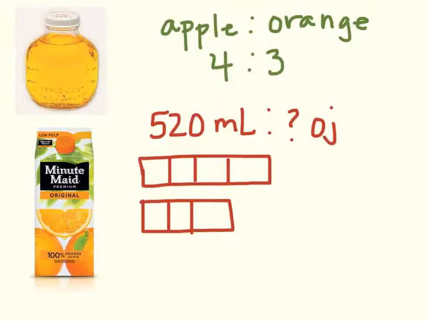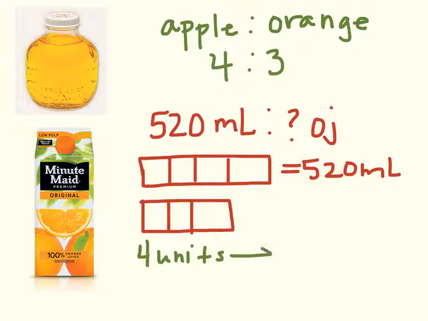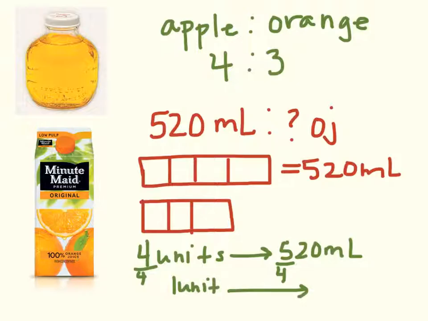We know that the apple juice units are equal to 520 milliliters. So we can calculate the value of each unit by taking our 4 units, setting them equal to 520 milliliters, divide each side by 4, so that 1 unit will be equal to 130 milliliters.